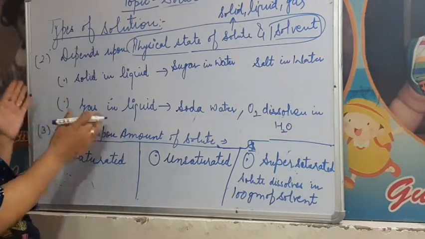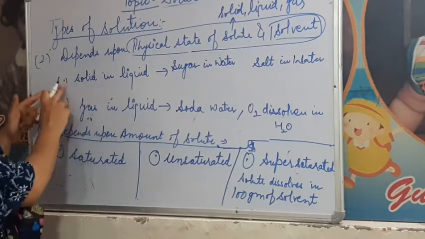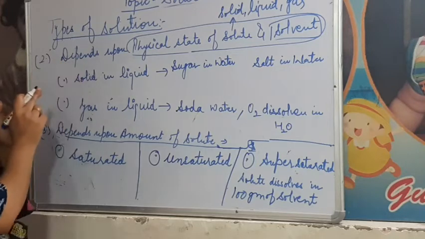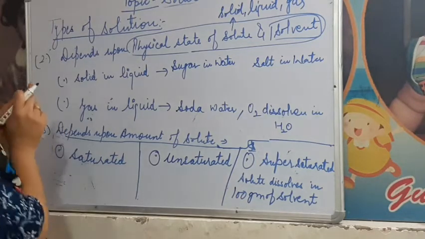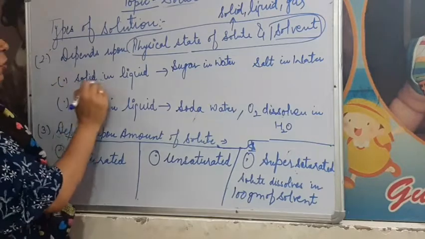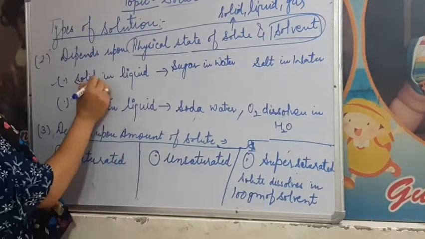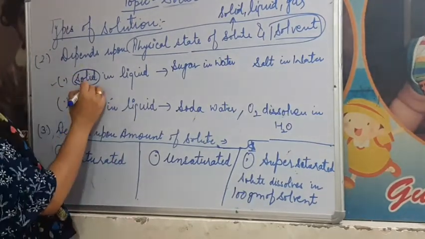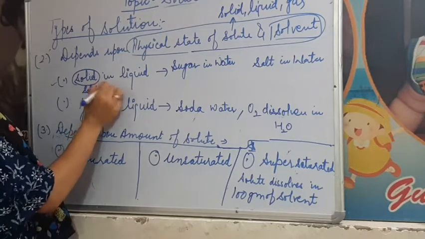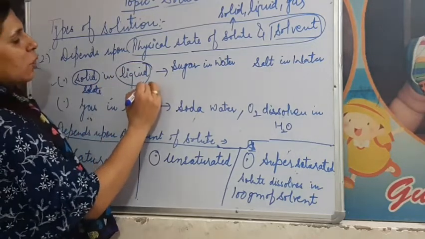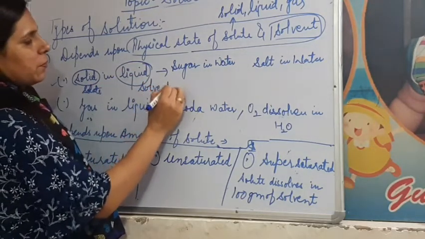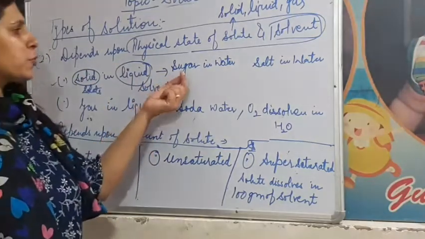But in our syllabus till today, we will discuss only 2 types of solution depending upon the physical state of solute and solvent. The first one is solid in liquid. Here, solid is solute and liquid is solvent. Can we take the example of sugar and water?